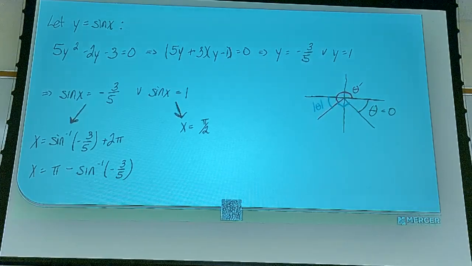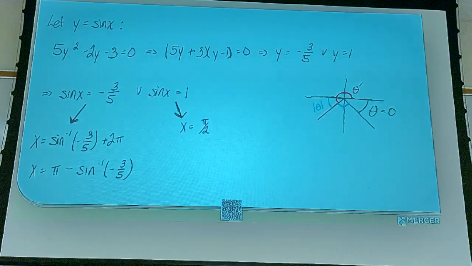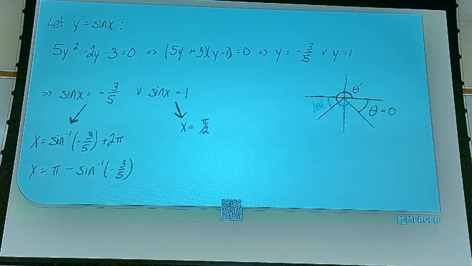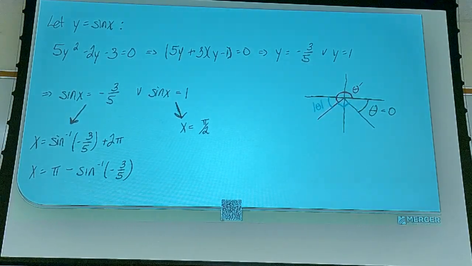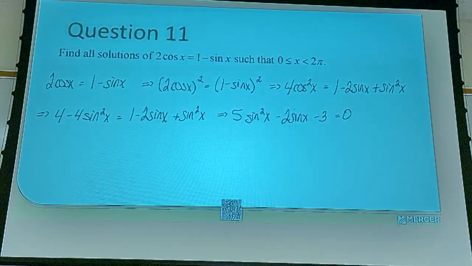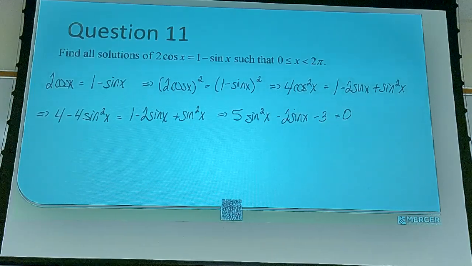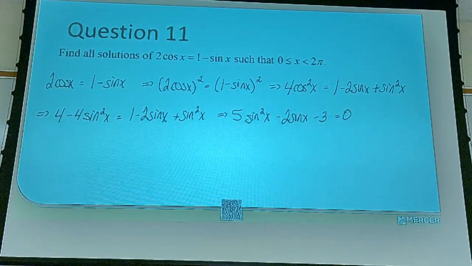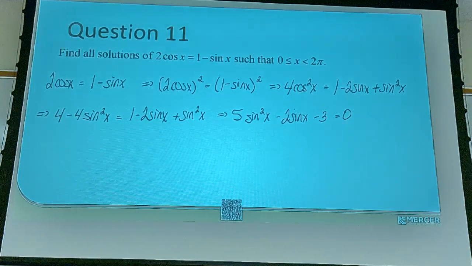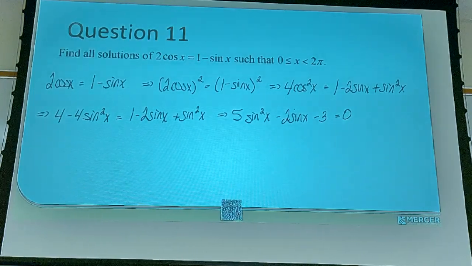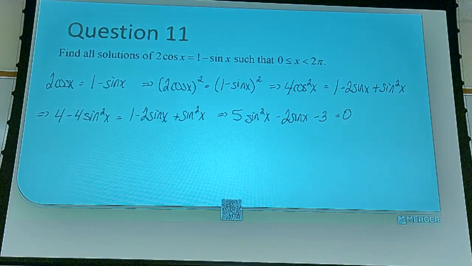Now comes the fun part. Because we squared both sides, we have to actually check these solutions. Pi over 2 is easy. What is cosine of pi over 2?